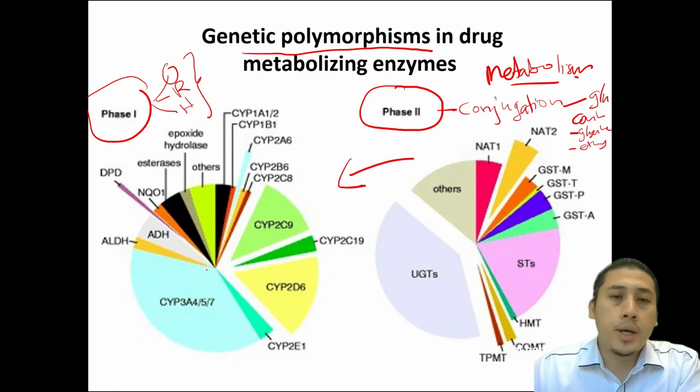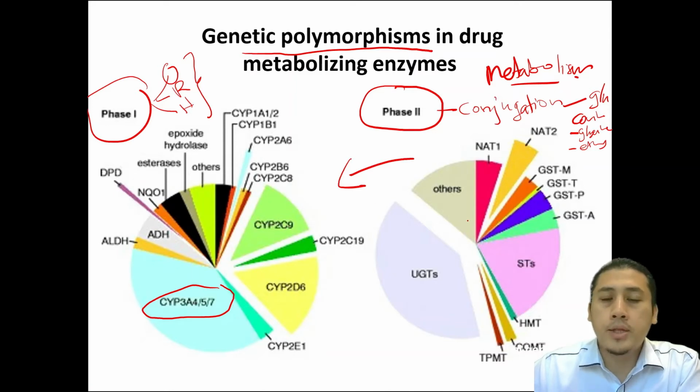If you see the pie chart here, there are many species of cytochrome P450 and many families. If I'm not mistaken, there are 17 families, and also subfamilies. These are the cytochrome enzymes that have the most genetic polymorphisms: CYP3A4, 5, 6, 7, followed by CYP2D6 and CYP2C9.